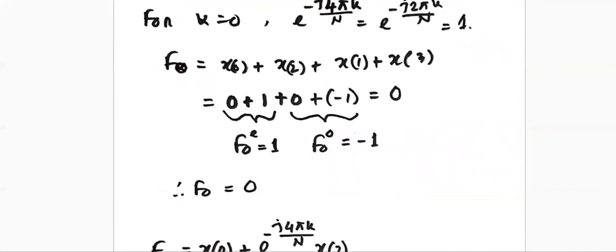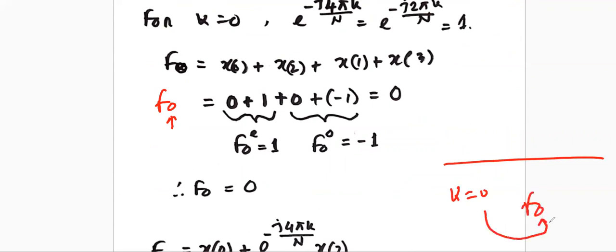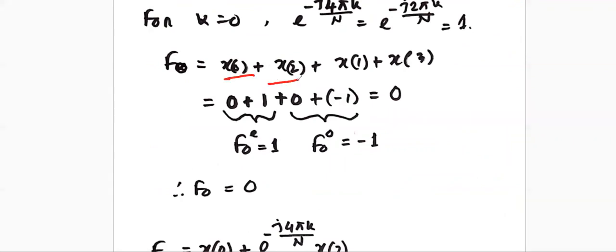Now looking at this one, this 0 means the frequency component k is equal to 0. In f0, this 0 means k is equal to 0. And the upper notation e means the even function. Even function means 0 and 2. From there, we got f0e is equal to 1.